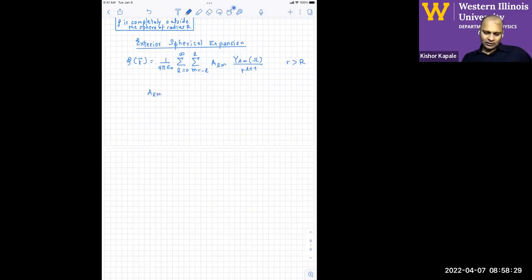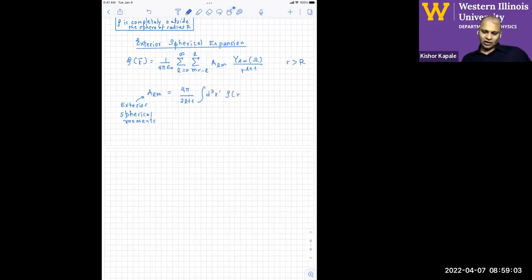A_LM, which are the exterior, these are called exterior spherical moments. And they are now 4 pi over 2L plus 1. That was the coefficient that we had in between there. And then remember the moments are some integral over the source charge distribution, right?